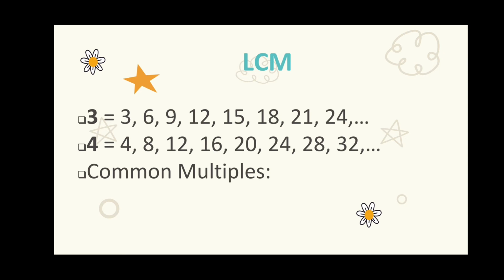And then, ang common multiples ng 3 and 4 ay 12 and 24, and so on. Now, when we say least common multiple, yun yung pinakamababang number sa common multiples ng given number. So, therefore, ang LCM ng 3 and 4 ay 12. Kasi yun ang pinakamababang number sa common multiples.